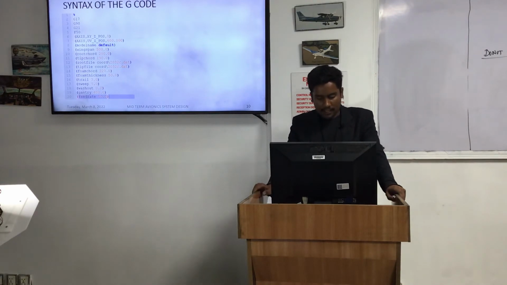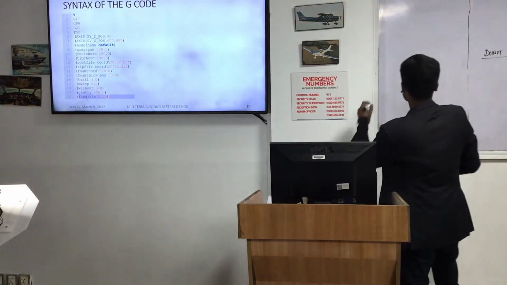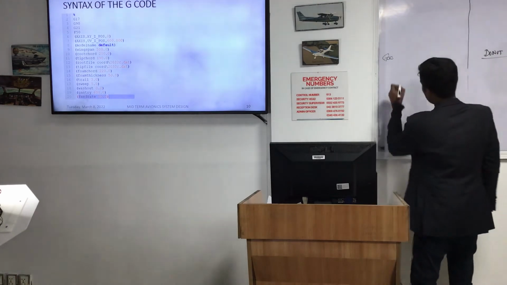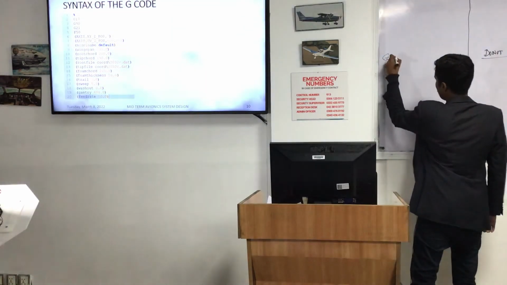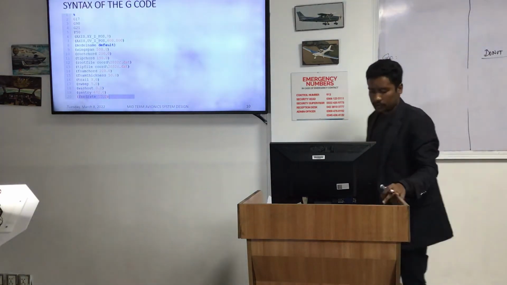There are three basic types of G codes, which are G00, G01, and G02. These are the basic three G codes.